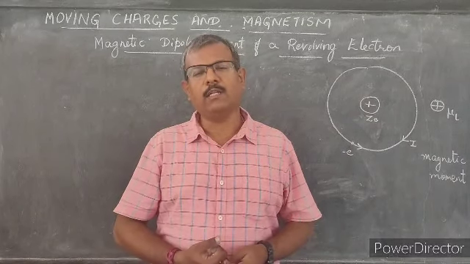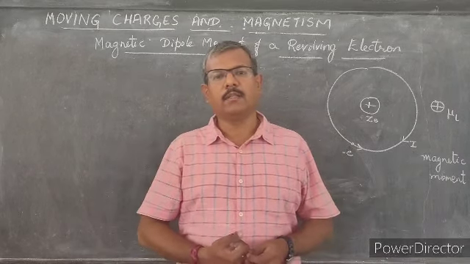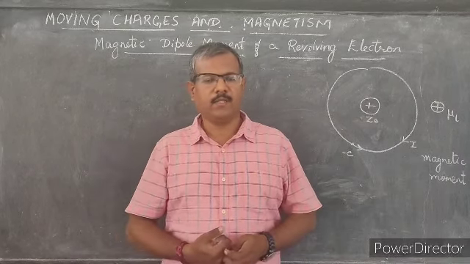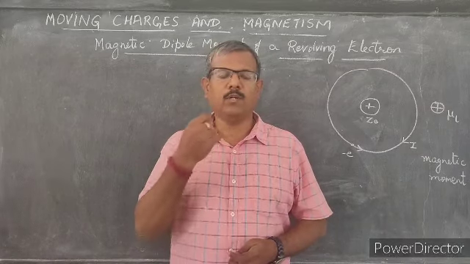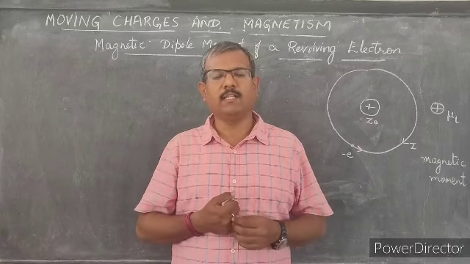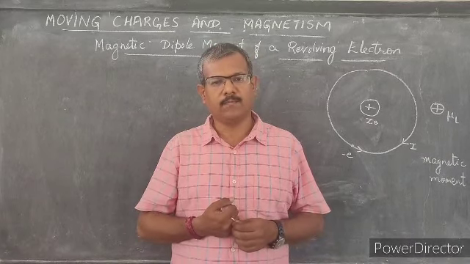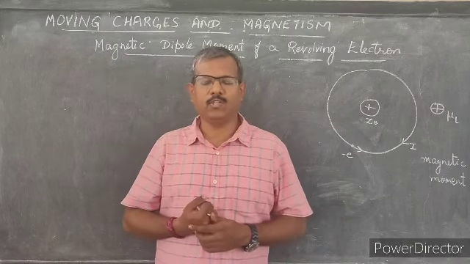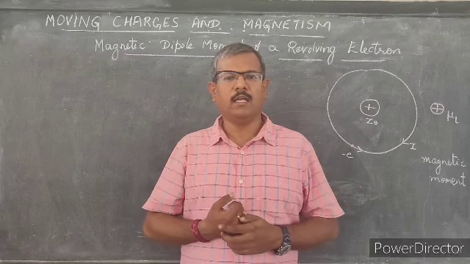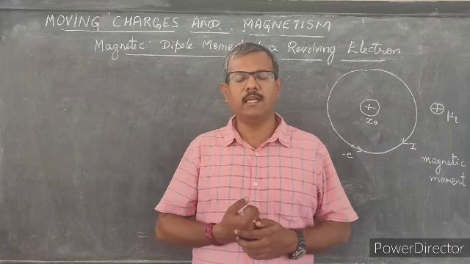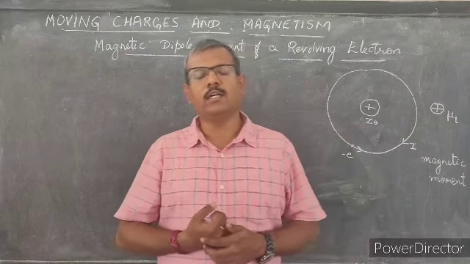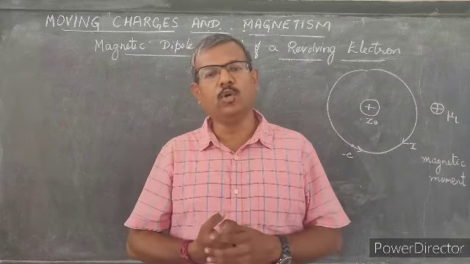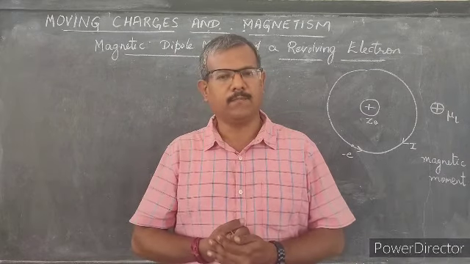Now, what an electron exhibits while moving around a positively charged nucleus or a heavier nucleus in a typical atom like a hydrogen atom is very similar to the circular loop that we considered previously.